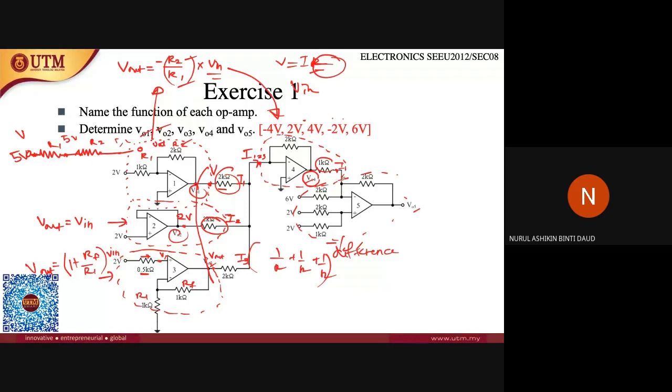At this point, be careful for the last part, the difference part. Here there is a series, no, sorry, not series, this is a parallel. It has VO4, 1K, and then parallel and connected to this. So this circuit and this circuit are connected in parallel.